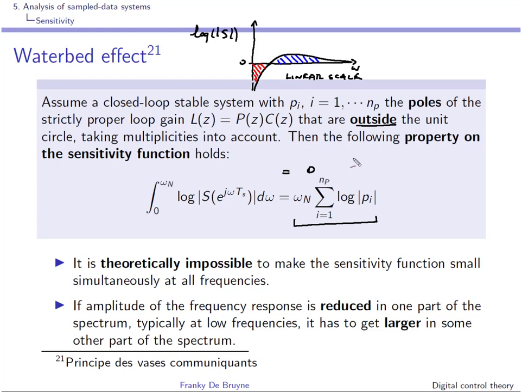Remember again that this is the case where we do not have any poles outside the unit circle for the loop gain, but this means that we cannot make the sensitivity function small at all frequencies, because if you reduce the sensitivity by pushing over here, this part here will have to increase, because we know that the area in red corresponds to the area in blue, and this is called the waterbed effect.